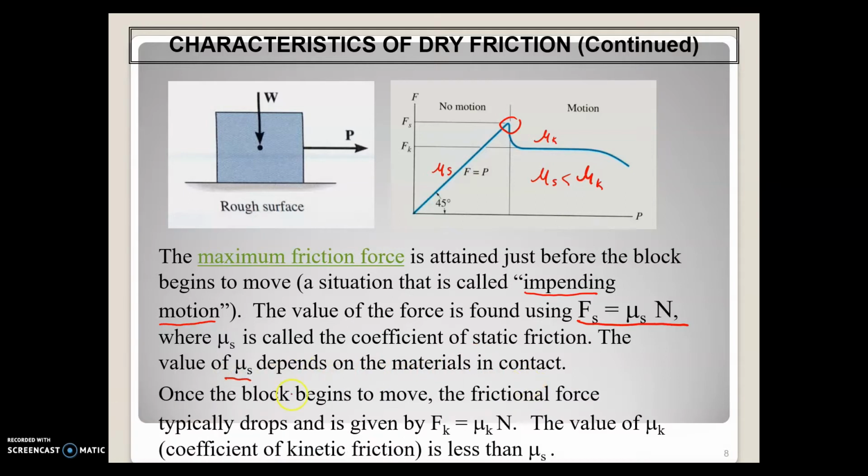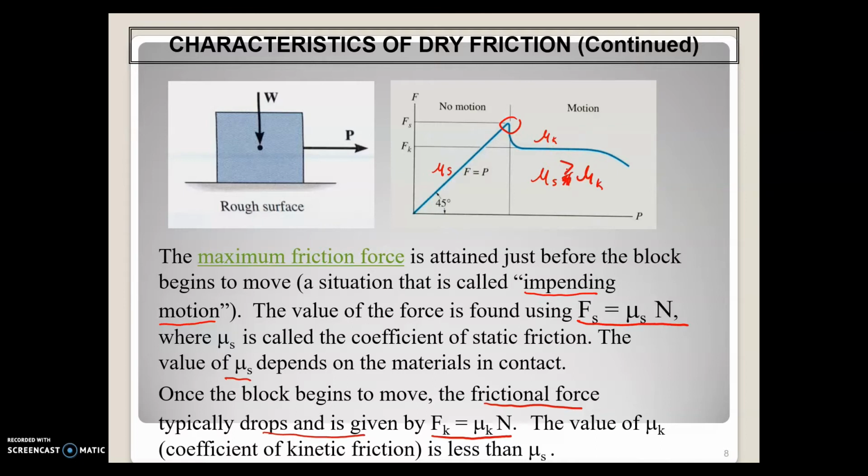Once the block begins to move, the frictional force typically drops and is given by equation Fk equal to mu k N, di mana Fk is kinetic friction, mu k is coefficient of kinetic friction, and N is normal force. The value of mu k is less than mu s.